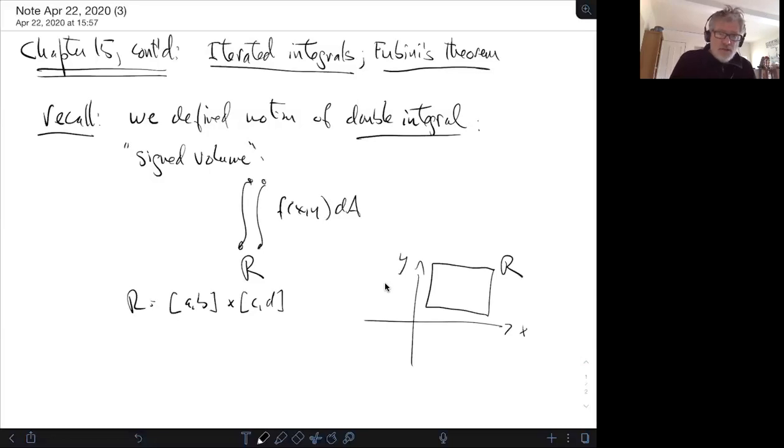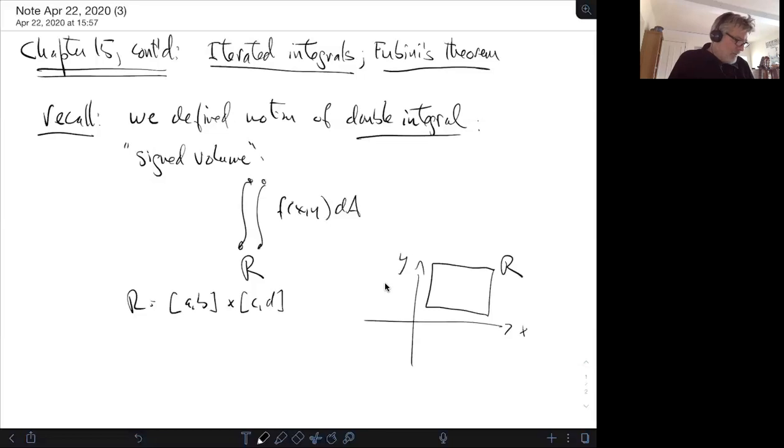Okay. So today what I want to do is to show you how we can actually compute such a thing without going through the limit. The theorem is Fubini's theorem, and it connects what we saw with what we're going to now define, which is the notion of iterated integral.